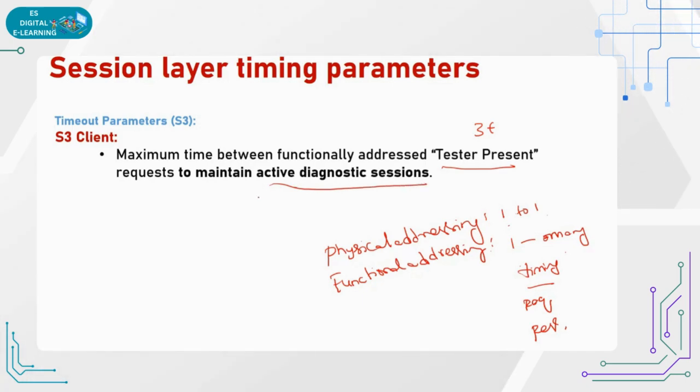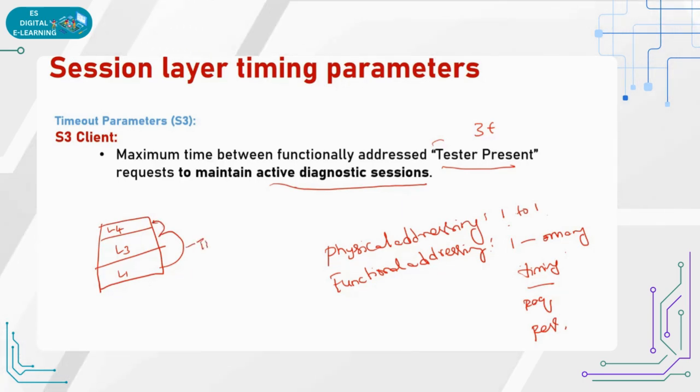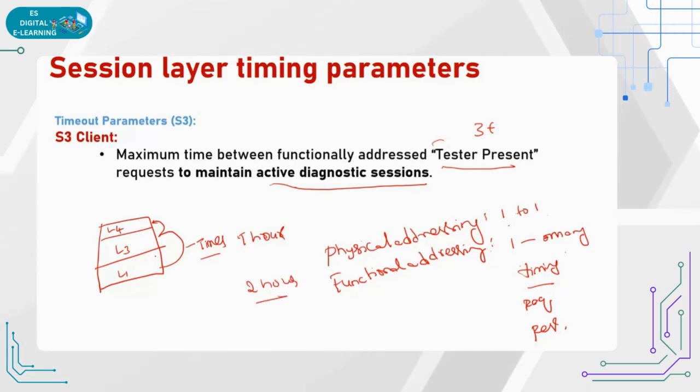This tester present is the one, as I told you, like we have layers L1, L2, and L3, L4 or L5. Each session, when you are jumping, should have some time. If you say I need to wait for 1 hour, 2 hours, it cannot wait in the sessions when you are jumping to another.